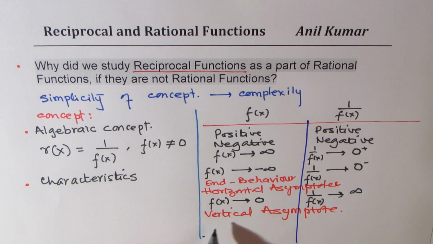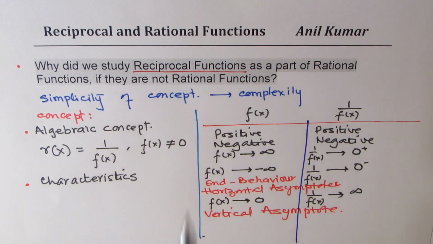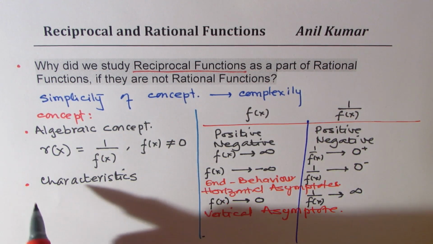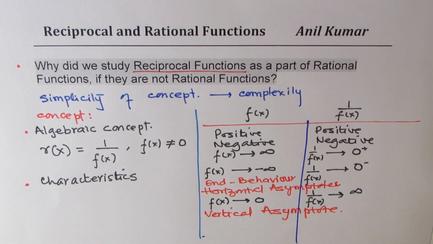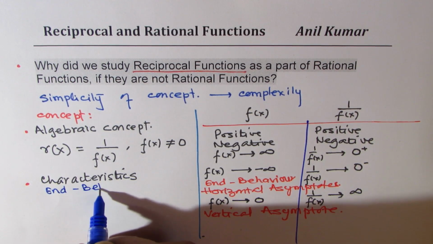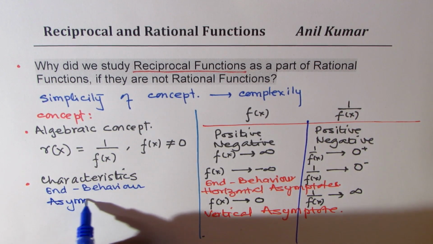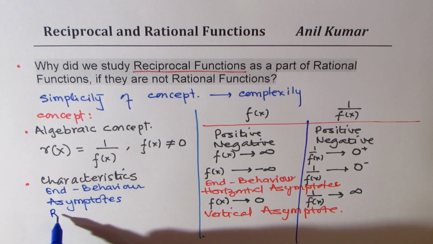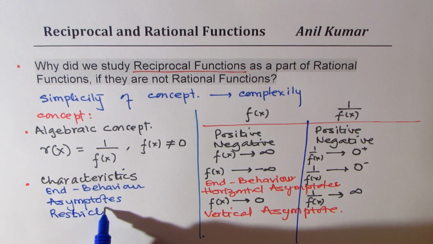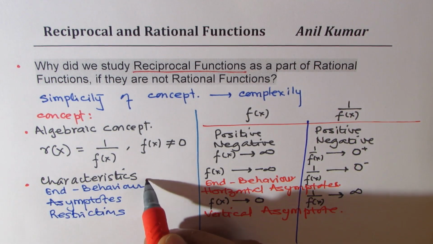So these are major characteristics which we could appreciate with very simple reciprocal functions. And that's kind of an introduction to some complex behavior of rational functions, right? So characteristics like you have seen here, end behavior, let me write asymptotes, and restrictions, can be studied with reciprocal functions.